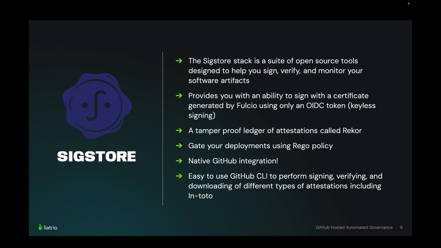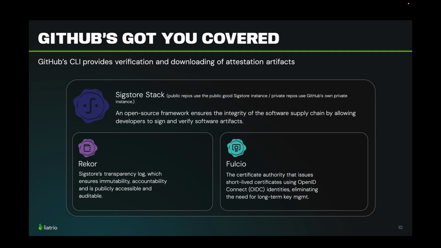It's called Rekor. It's just another tool in the SigStore stack. And that Rekor instance, the store of evidence, is accessible for audits later on or for later trying to gate, because we'll use that to check and verify that these artifacts have been signed and have the attestations.